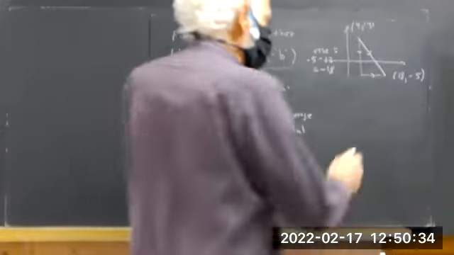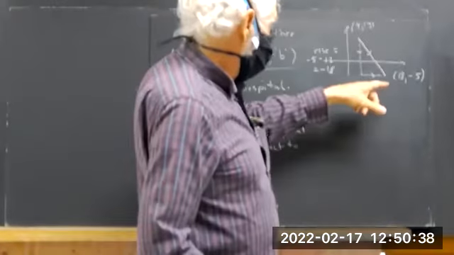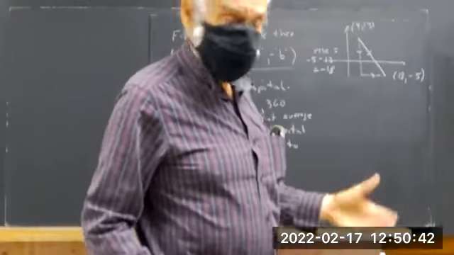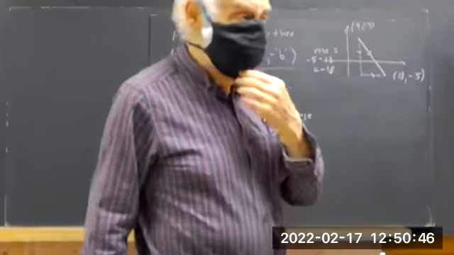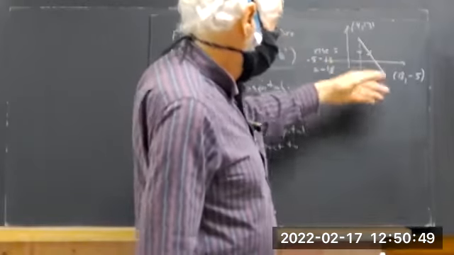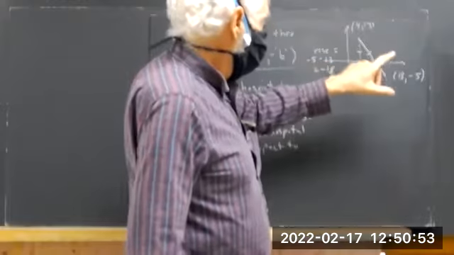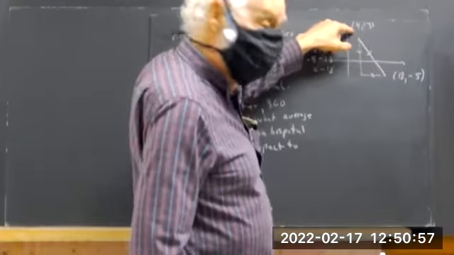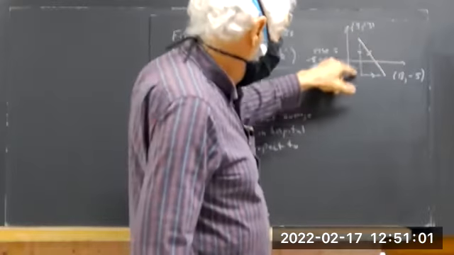Now you might have chosen to do your arrows from here to here, in which case your run would be negative and your rise would be positive. You don't have to go left to right, but that's kind of the standard thing. So if you've got a reason to go right to left, just make sure everything goes right to left. Make sure that your path goes from the same initial point to the same final point.